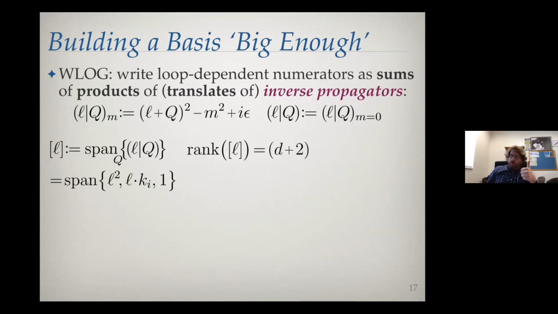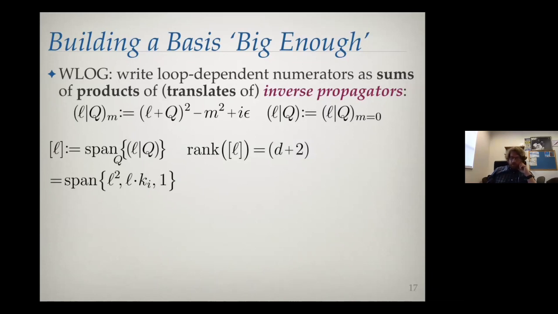Every one of the components is inside this space. I'll leave that as an exercise. And also the loop-independent monomial is also inside this space. And so you have d components of L, you have d of these, you have one of those, and you get d plus 2. Okay, this is a nice little bit of representation theory.